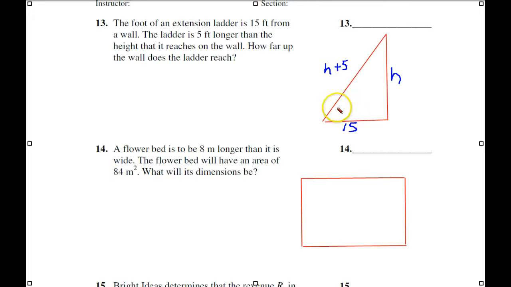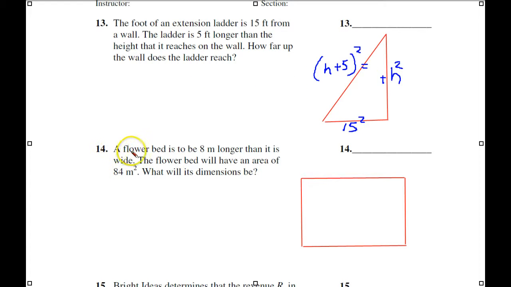So what do you do with this information? Well, we're going to use the Pythagorean theorem that this squared plus this squared will equal this squared. Or this squared equals this plus this. And I'll leave the solution to you.